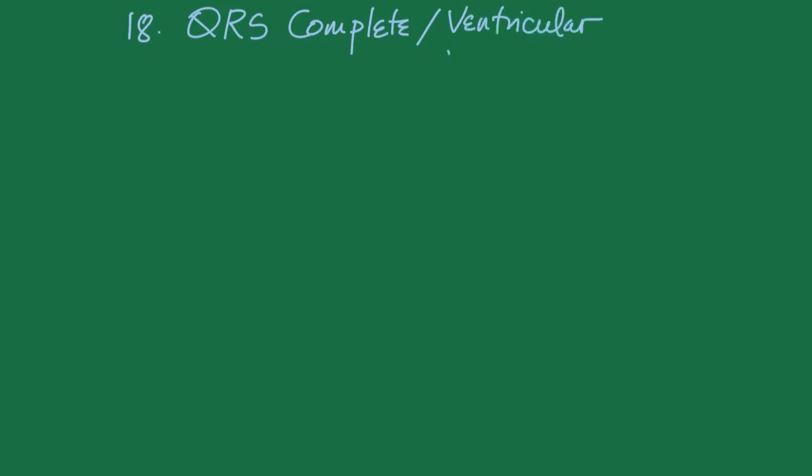Here is the most dramatic event, QRS Complete. This means that ventricular depolarization is complete. Ventricular depolarization is followed by ventricular systole. So ventricles contract fully.